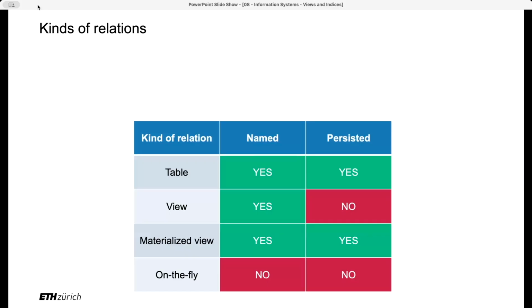That's the persisted, right? And so what I'm saying is that the tables that we saw with create table and insert into, they are persisted. They are stored on disk. On the fly in the notebook, they are not stored on disk, right? If you write a query in your notebook and it prints on screen, but then the notebook crashes or something, then it's lost, right? You didn't save it to disk or anything.